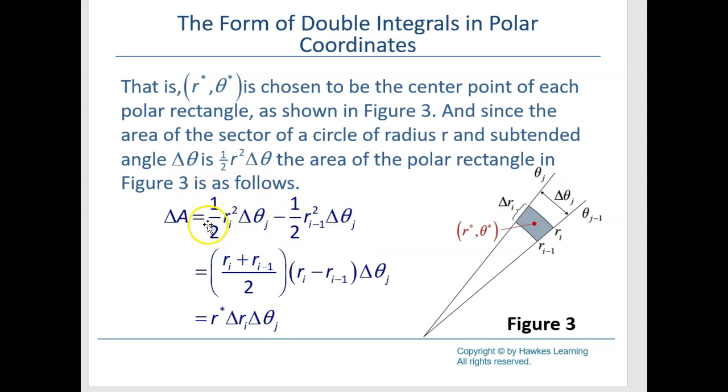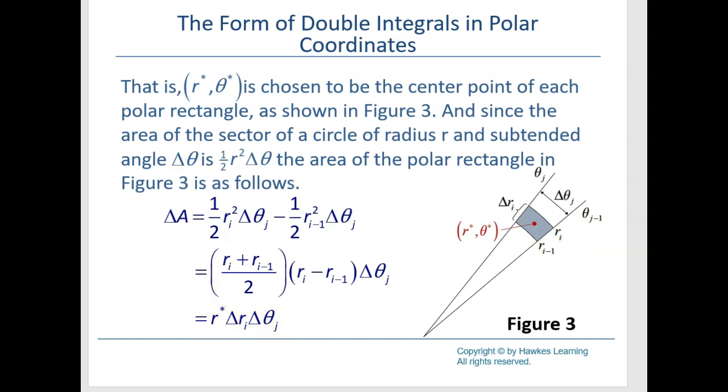because the areas of these are based on the areas of sectors of circles, and this is the formula for a sector of a circle. So this is the outer sector at r_i, this is the inner sector at r_{i-1}, and this region right here, this area, is given by this formula. Because it's not rectangular, we're getting this extra little piece here.